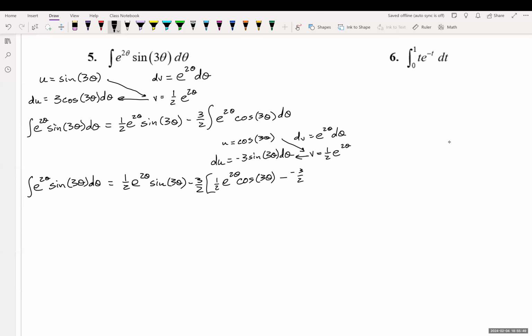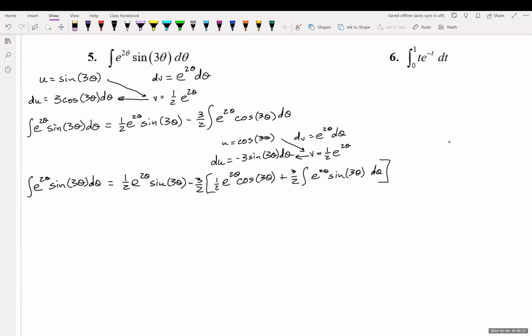Of course, negative, negative, we can make that positive. So let's make that positive. And then we have our integral, I should say, of e to the 2 theta sine of 3 theta d theta. Like that. Now, remember, we have this to distribute, which we're going to do next. But then we'll see, hopefully, something potentially nice that's going to happen.